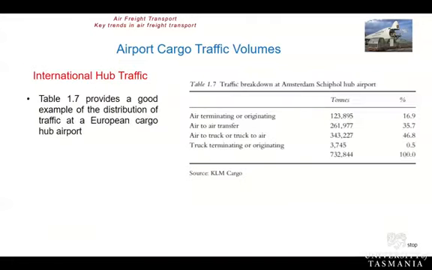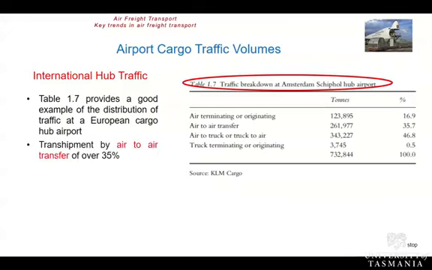This is an interesting slide in that it gives you a sense of the role that the hub performs in the movement of air cargo. It's based around a traffic breakdown in Amsterdam at a hub airport there. In many ways, a lot of the hub traffic in Europe is carried by truck, but it gives you an interesting mix of what happens at a hub when goods arrive.